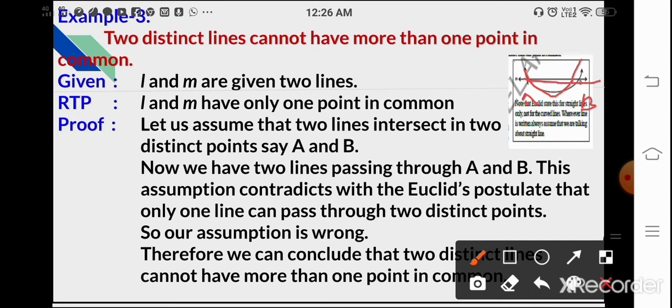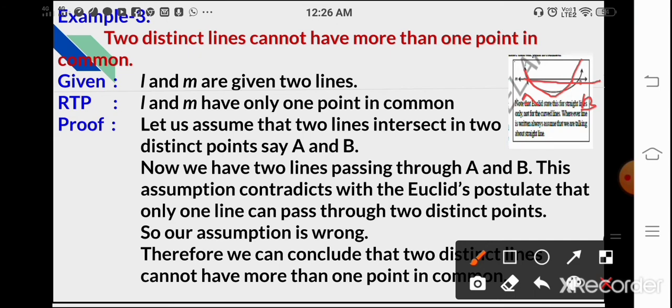Here we should do this proof by contradiction method. Now let us see the proof. Let us assume that two lines intersect in two distinct points, say A and B. You can observe it in the figure.